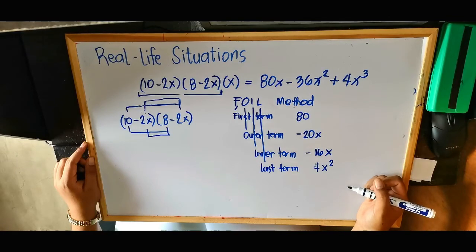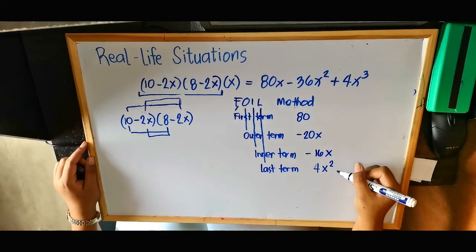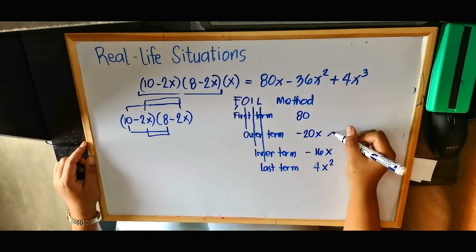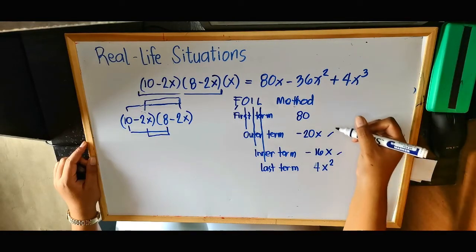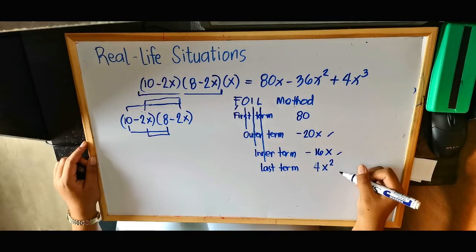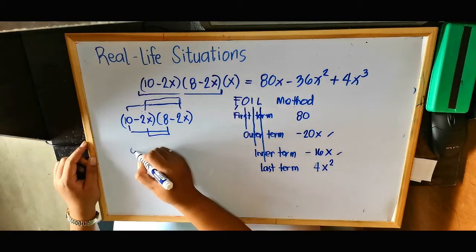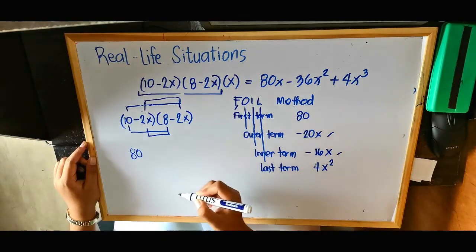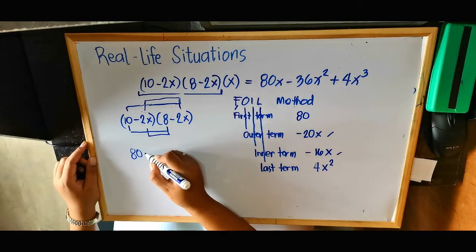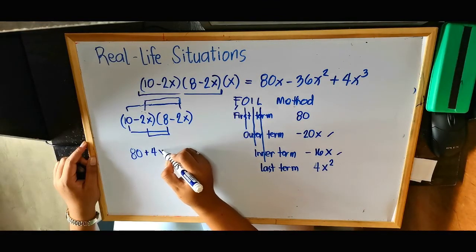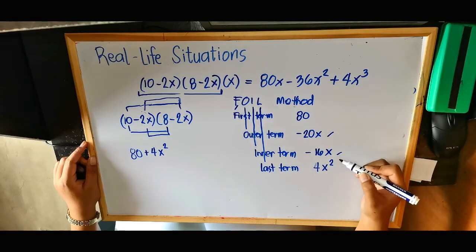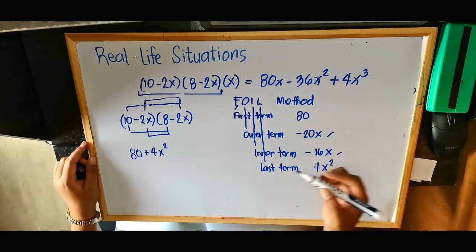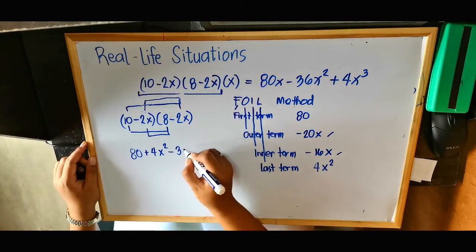So, which are the like terms in our results? We have negative 20x and negative 16x. So, let's combine everything: we have 80 plus 4x squared. Then, negative 20x plus negative 16x, we have negative 36x.